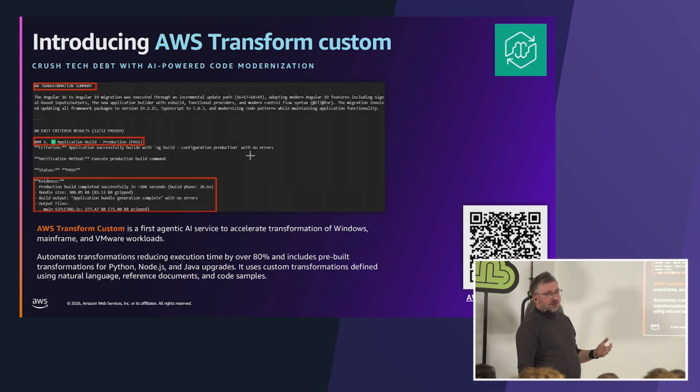For example, now it includes Java environment migration, if you want to migrate from Java 8 to more modern versions, or Python environment migrations. But also, if you have a completely custom case, let's say you want to migrate your code from C++ to Rust, very popular these days by the way, you can do that with AWS Transform Custom as well. So for this type of migration, it's a very, very useful tool.